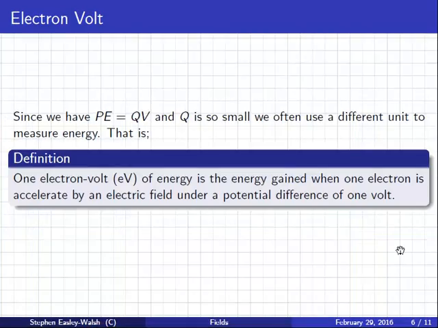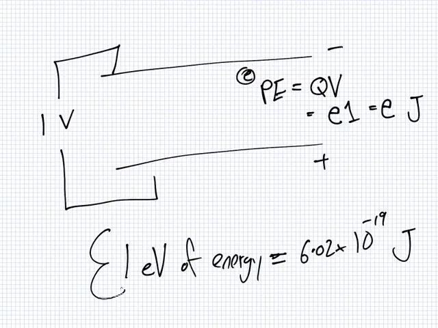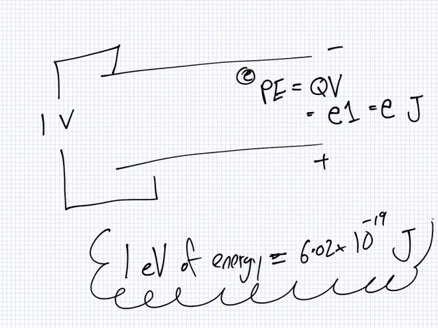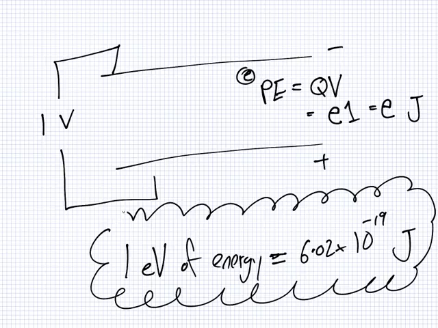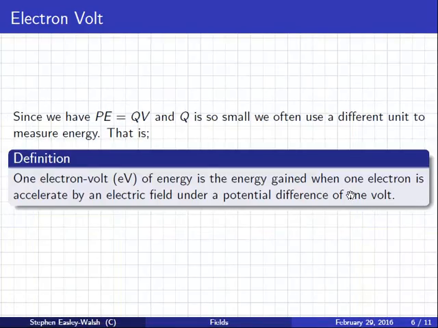You'll need to note that if you want to think about it as a formula. Do you need to write the definition down? Of course you do. It's 1.602 times 10 to the minus 19. Do you want to write the definition down first and then go to the number?